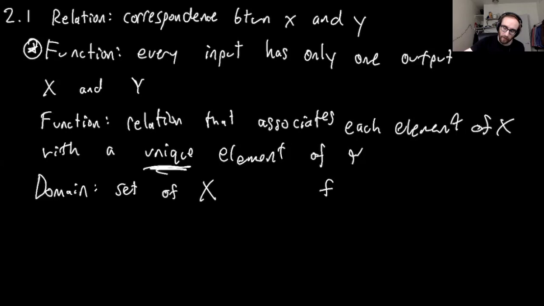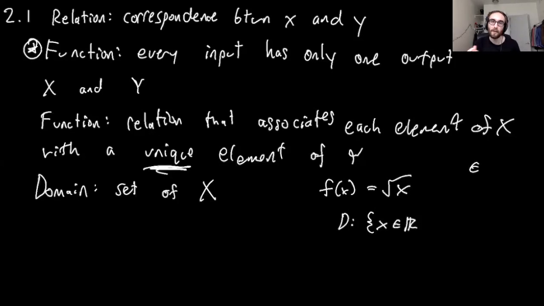For example, if we're looking at the function square root of x, in this case positive square root of x, if we're considering only the reals, then our domain is only going to be x in the set of reals, so this just means it's a part of the real numbers, such that x is non-negative. So that means it's greater than or equal to 0. So just some notation there. Our domain is only non-negative numbers. Even though negative numbers are part of the real number set, they're not in the domain of this function.